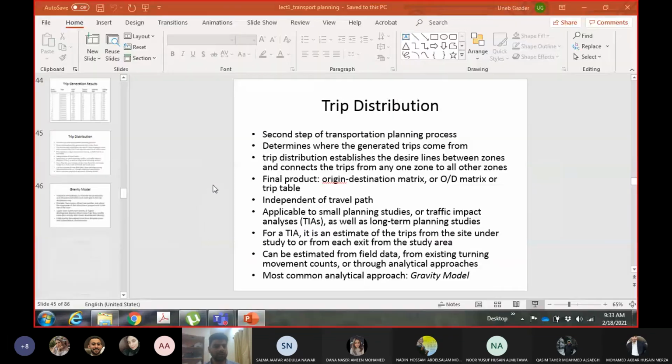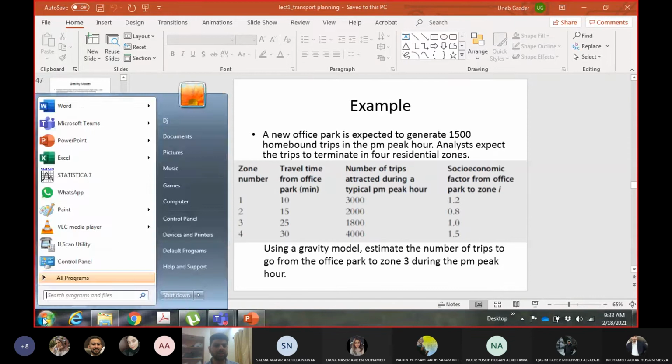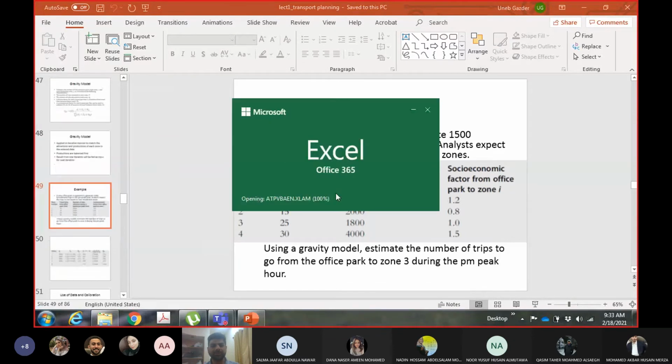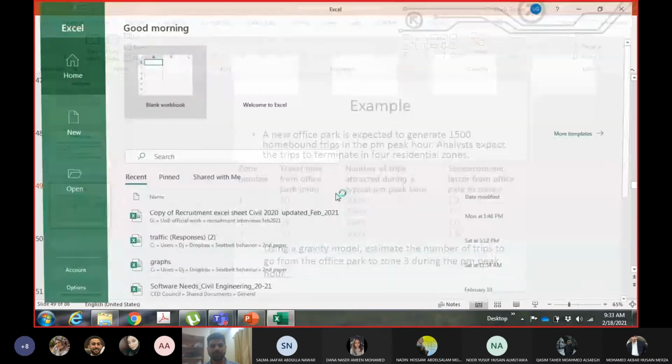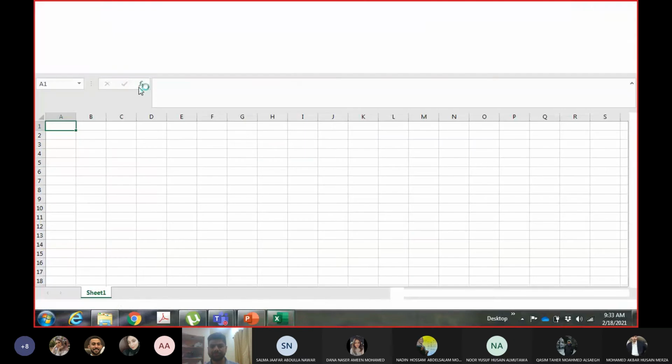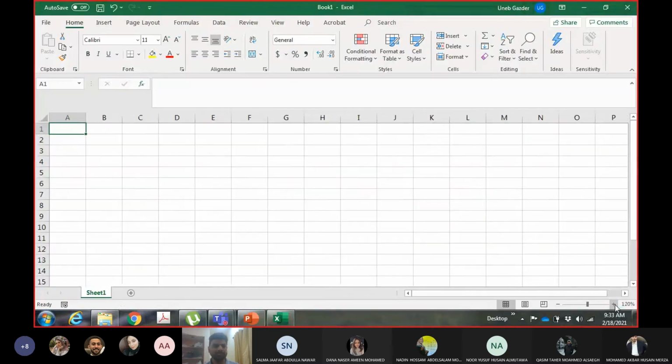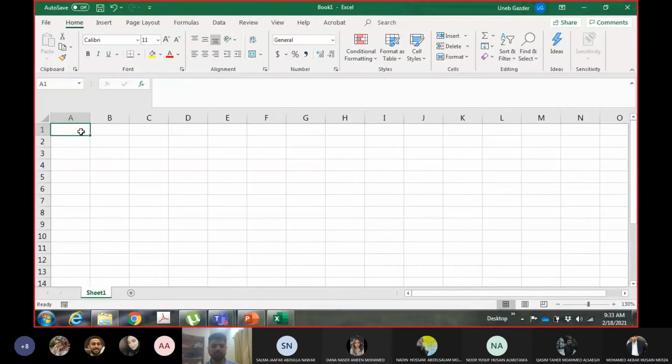Now I will make an Excel sheet here, and you will be calculating the values and telling me, so have your calculators ready. Zone, and I need Fij. Zones 1, 2, 3, 4.